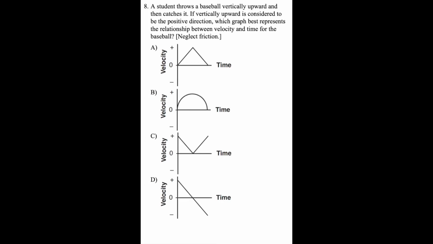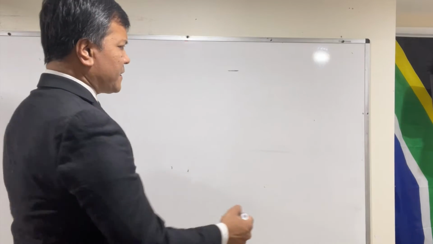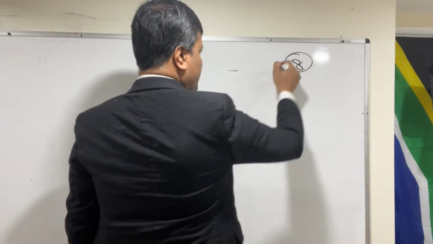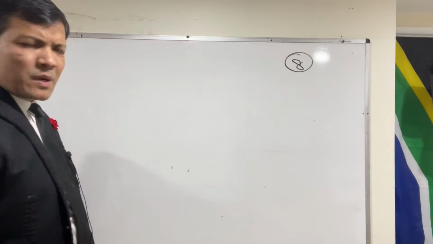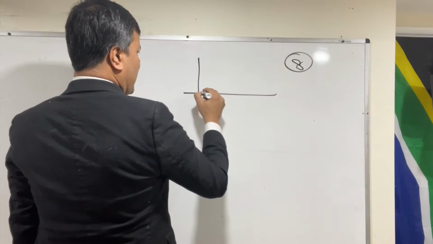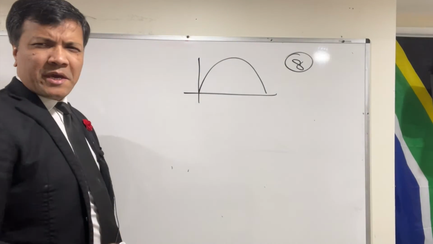All right. Number 8 is just like number 6. It's a free fall problem. What happened? I throw a ball in the air.